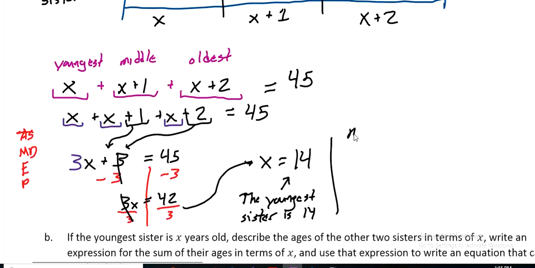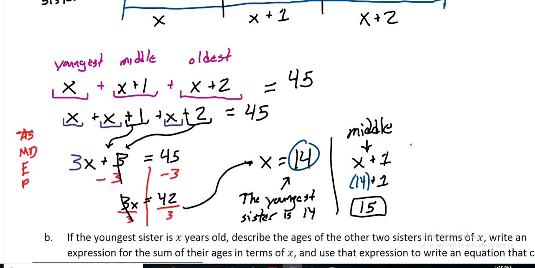From there, let's work on the middle. To find the middle sister's age, her age is x plus 1. We just found out that x is 14, so 14 plus 1 means the middle sister is 15. The oldest is x plus 2.